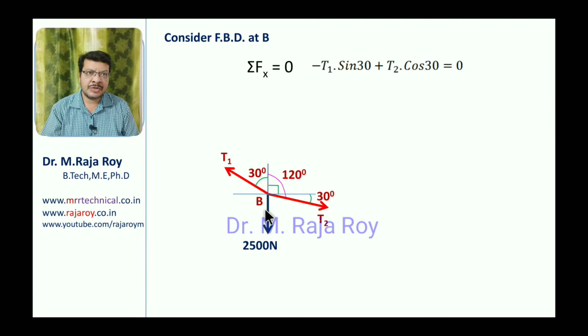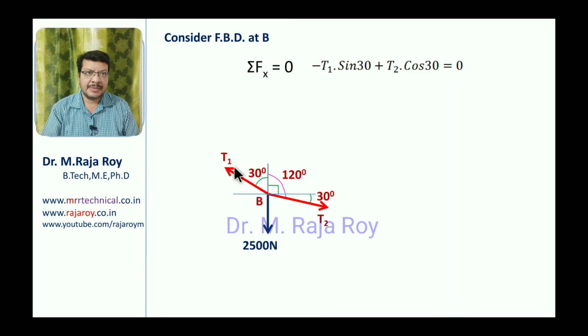After drawing this free body diagram, take sigma fx. Sigma fx means sum of all the x components. So if you take T1, T1 is making 30 degrees with vertical axis. When you are taking vertical axis, then this cos component T1 cos 30 will become the vertical y component. T1 sin 30 will become the x component.